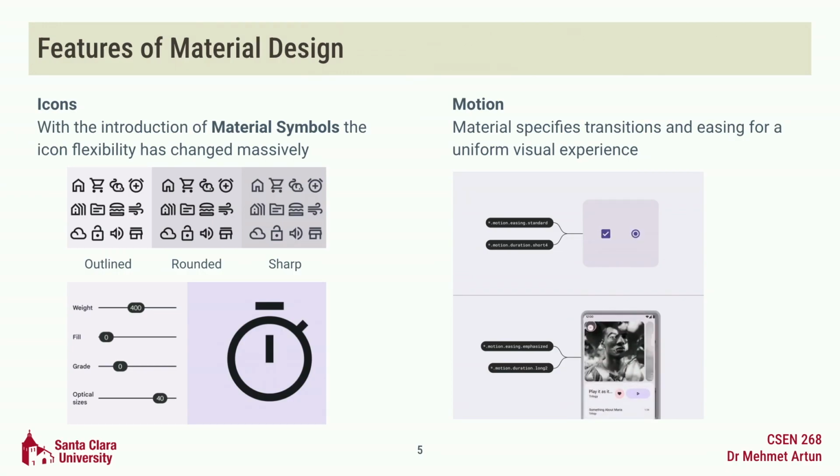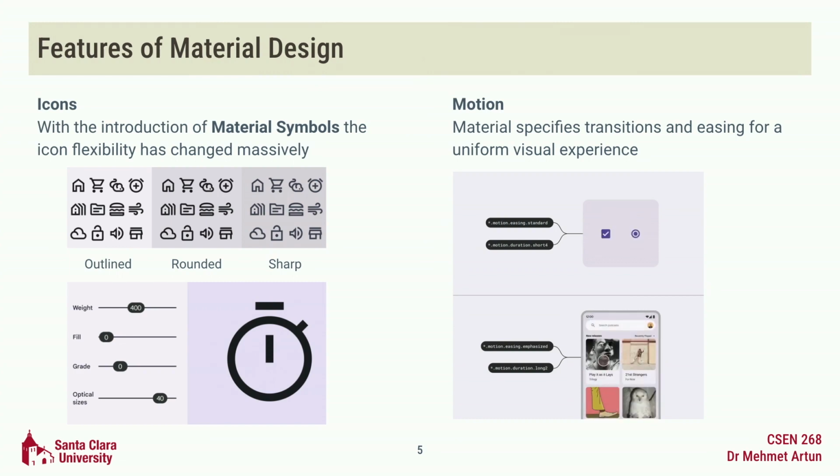And then optical size is obviously this side. And then you have the outline version, rounded version, sharp version. In the sharp version, this ending is sort of cut. And in the rounded version, these endings have rounding. So in icons, you have a lot of stuff.